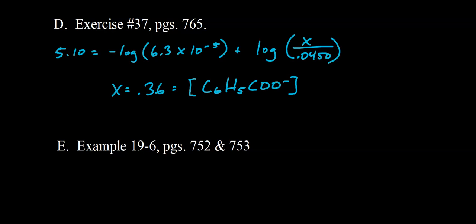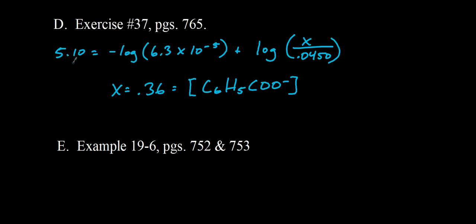All right, so here's our setup. The Ka of benzoic acid, 6.3 times 10 to the negative fifth. I'm solving for X here, which is the concentration of the conjugate base for benzoic acid, benzoate. And so take the negative log of the Ka and then subtract that from the pH. And then we need to get rid of that log.